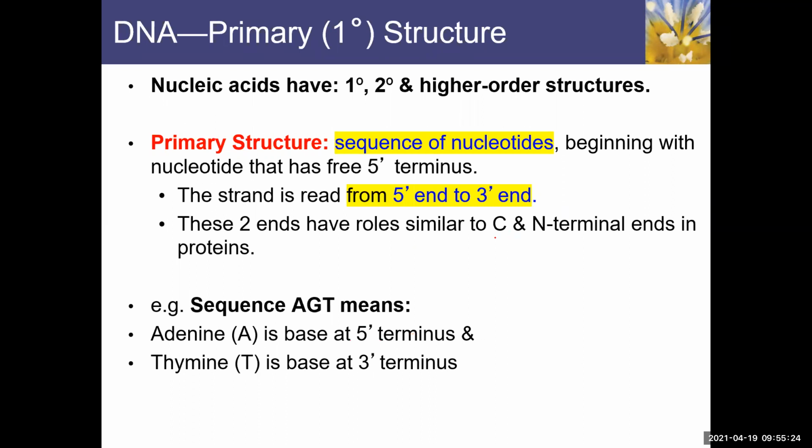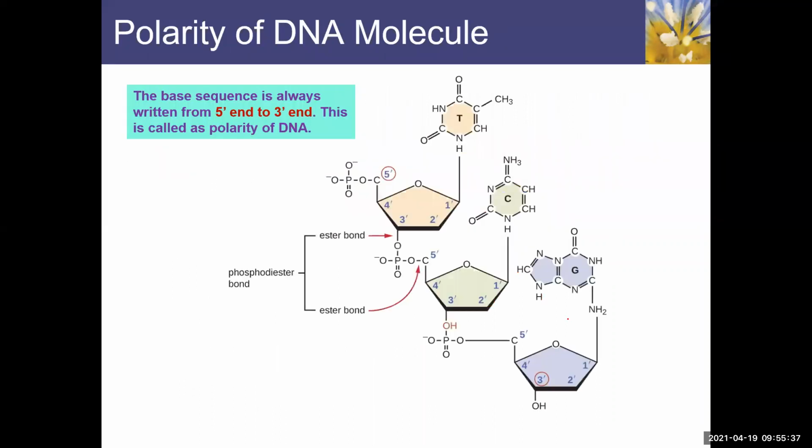The way we read proteins from N terminal to C terminal, for DNA we write from the 5' end to the 3' end. Look at this: this is the 5' end and this is the 3' end.